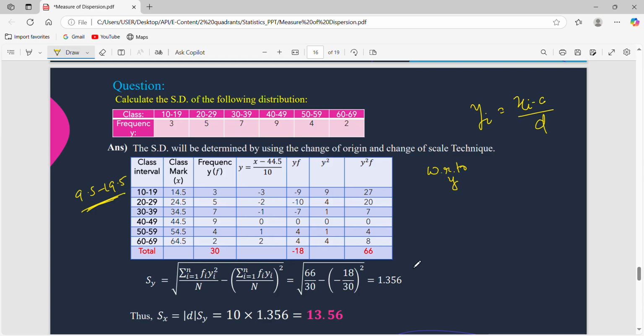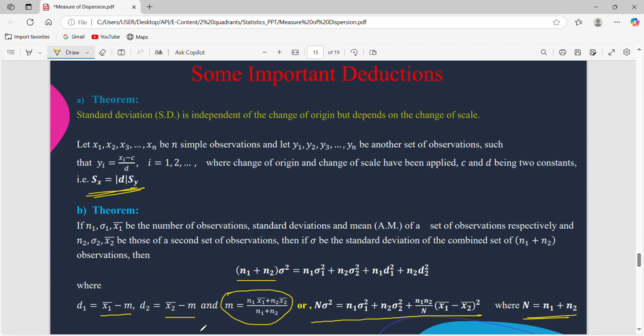Actually your standard deviation must be found in terms of x, not in terms of y. So first we find sy, then go back to x. So this is your sy. The actual formula, according to property 1, is sx equals modulus d sy. So here you will put the value.